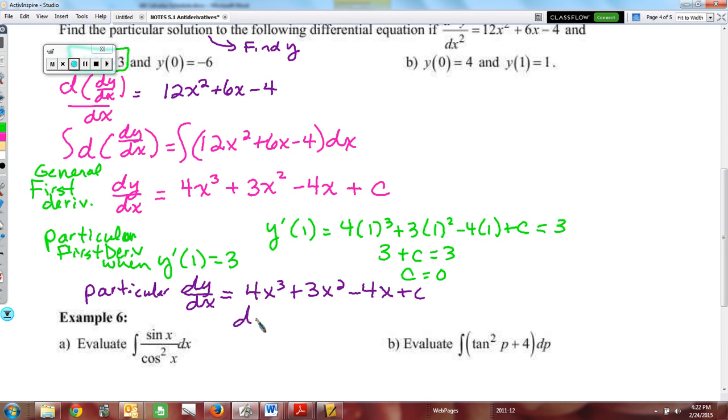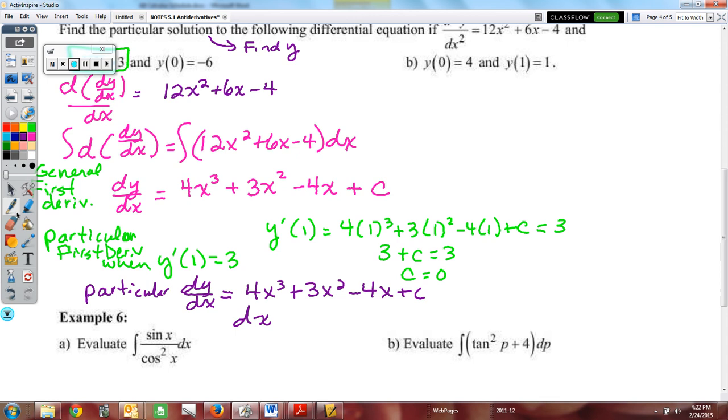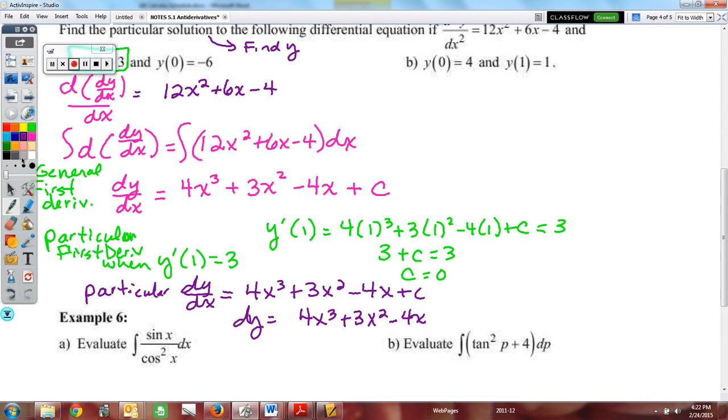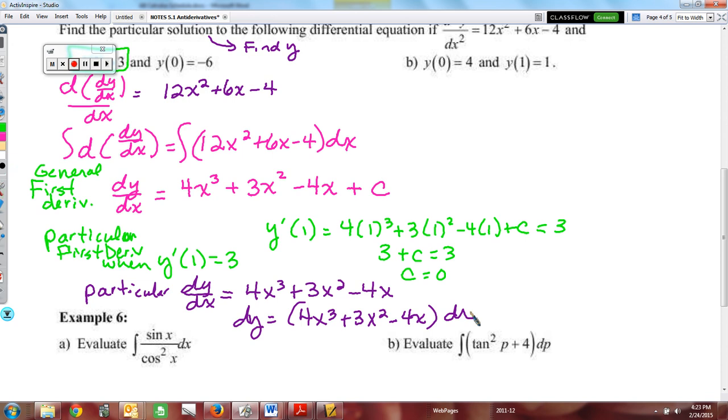Now I'm ready to separate and integrate one more time. So dy is equal to 4x cubed plus 3x squared minus 4x, since I've found c to be 0, that goes away, dx. Don't forget these parentheses.